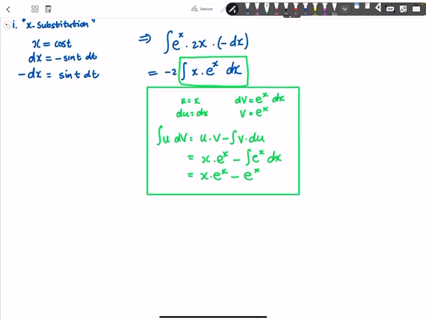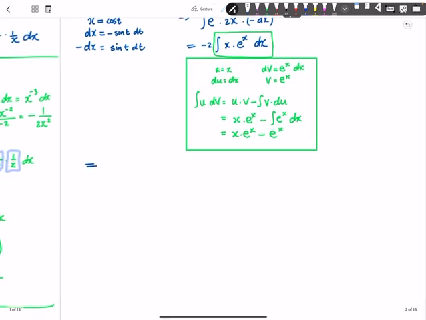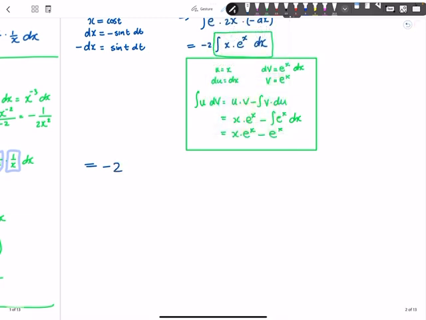All right, so back to my original problem, this means that we now are looking at the integral of negative 2 times x times e to the x minus e to the x. And we were asked to actually evaluate this integral from 0 to pi.